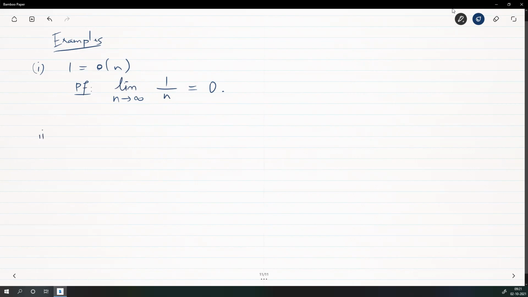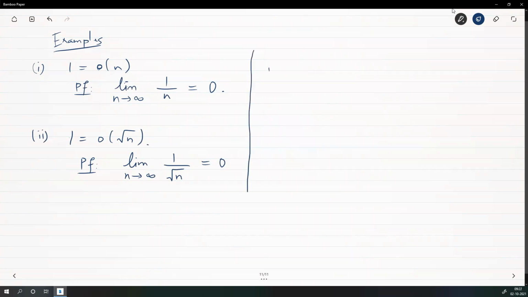The second one, 1 is little o of square root n as well. Why do you think? For a similar reason, the limit as n tends to infinity of 1 by square root n is equal to 0. Let me write another example here itself.